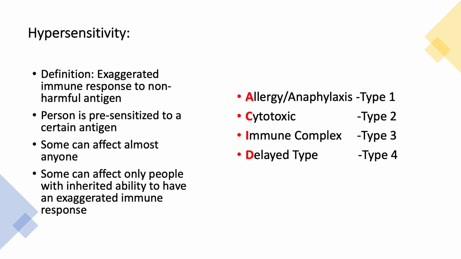When I look at the first letter of all those descriptions, if you remember ACID, you know that A is for type 1, C for type 2, I for type 3, and D for type 4, for easy remembrance. Let's go now and see them in detail.